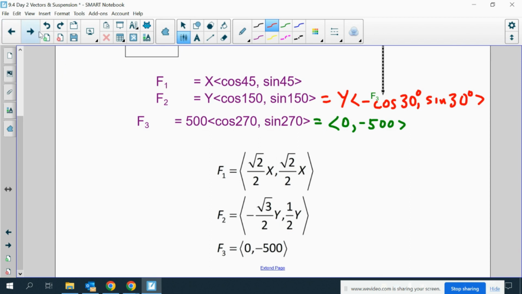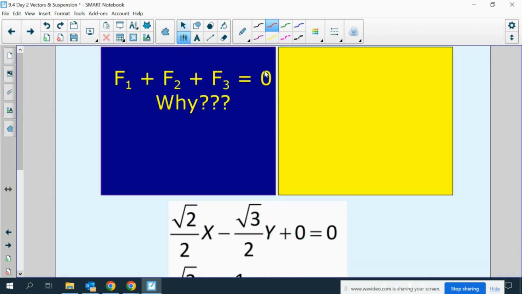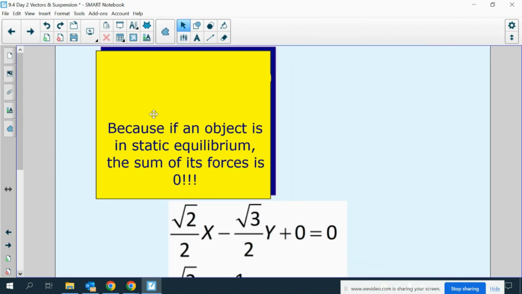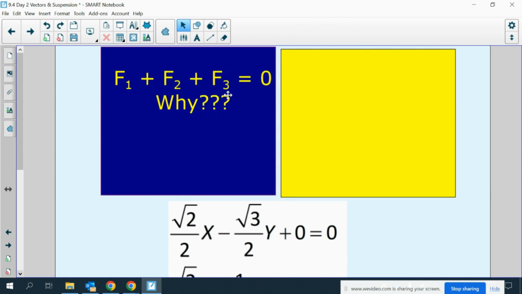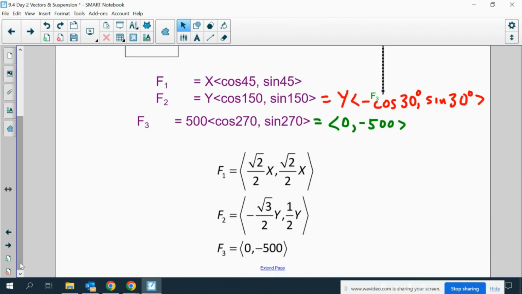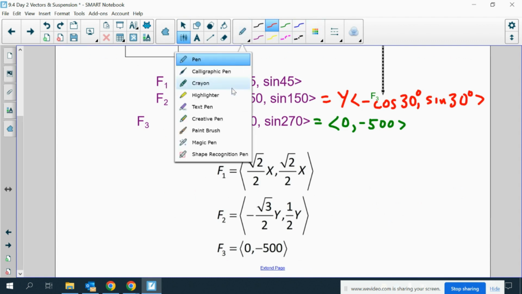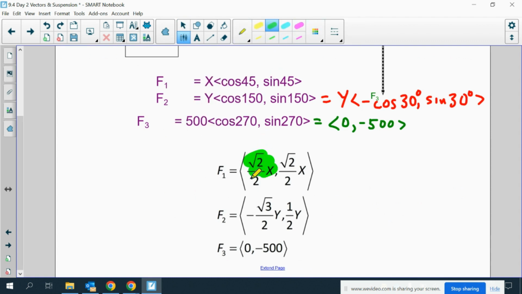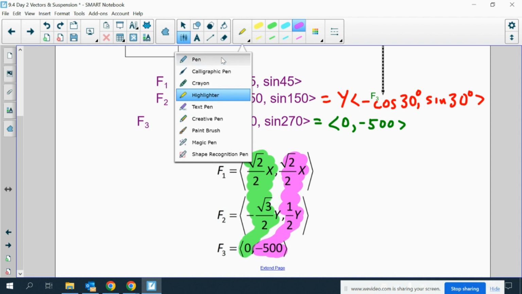We know that because the object is in static equilibrium. So what we can do is take all of these x's, add them up and set them equal to 0. We can take all of these y's, add them up and set them equal to 0.